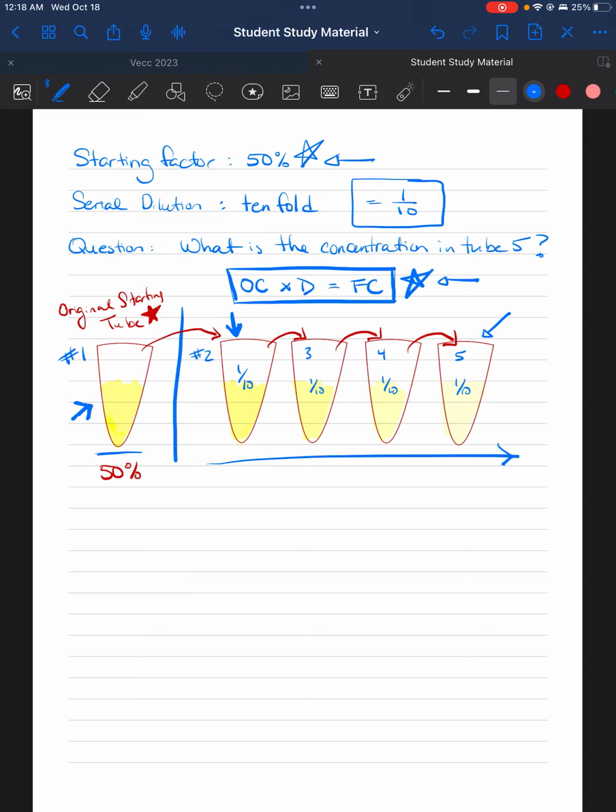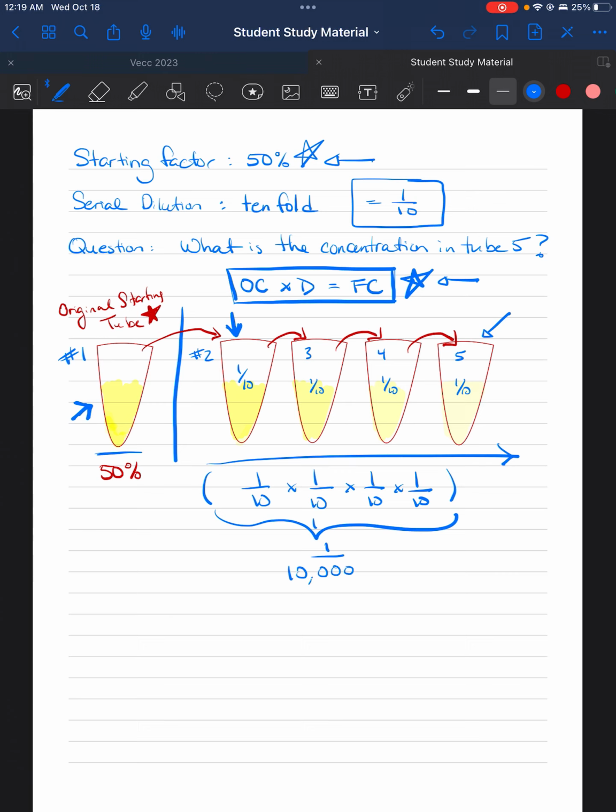So the dilution factors are 1 in 10 times 1 in 10 times 1 in 10 times 1 in 10. We're doing a tenfold dilution 4 times on our original starting solution, okay? So what does 10 times 10 times 10 times 10 mean? Let's bring that all down here, and that's going to be a 1 in 10,000.